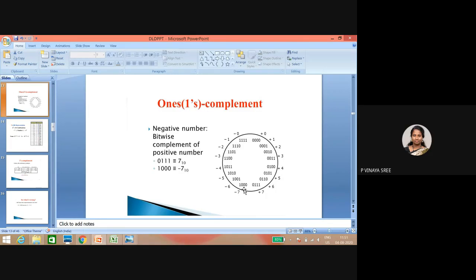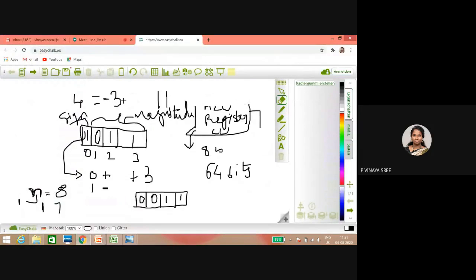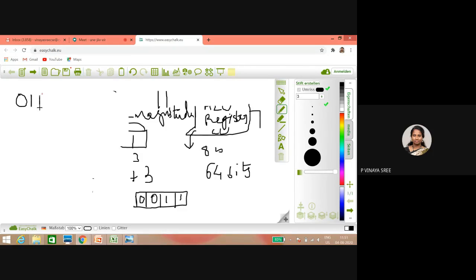One's complement, how to do? We are converting zeros to ones and ones to zeros. Yes. First take a positive number and do its ones complement so that you will get a negative number. Yes, so let me take one number called 6. So 6 is 0 1 1 0.